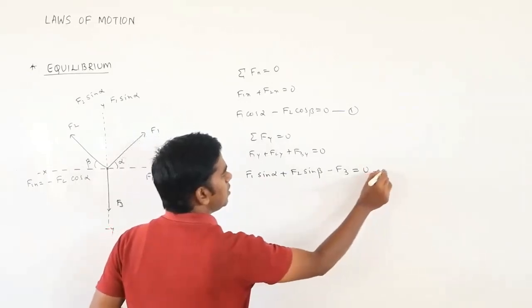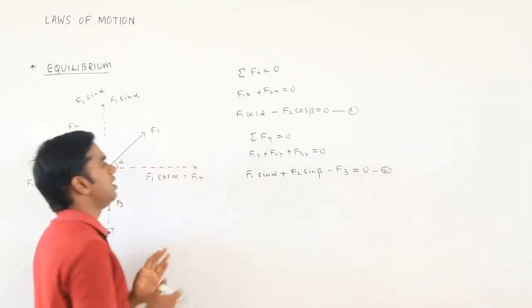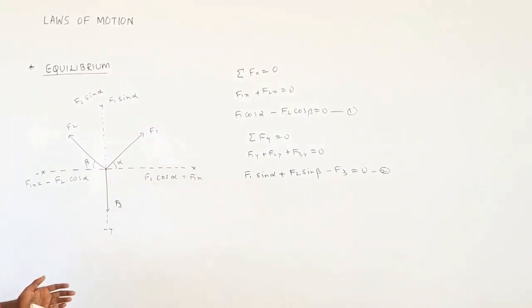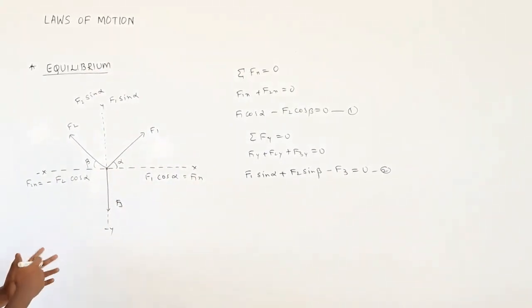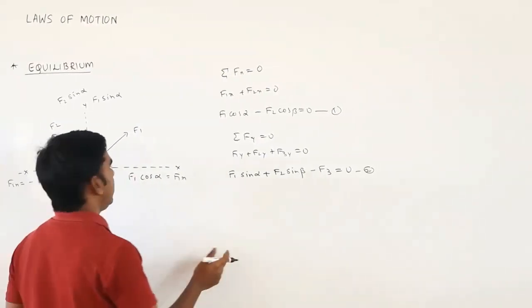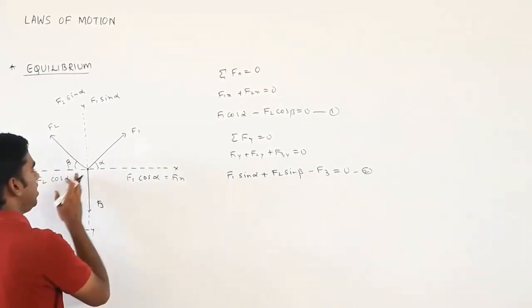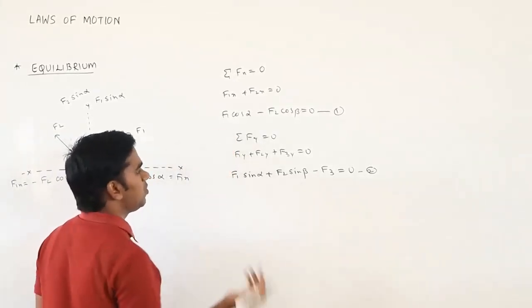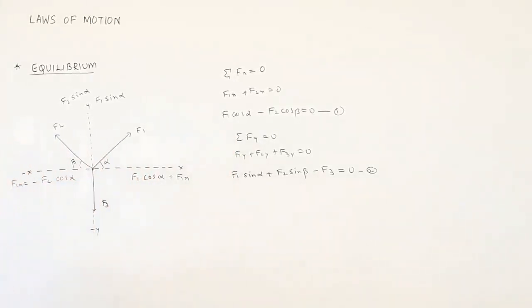So you got two equations. Like this, they may give alpha, beta, or they may ask you to find F1, F2, or they may give F3, F1, F2 and ask you to calculate the angles alpha, beta. They may ask angles or they may ask forces. With the help of these two equations, we can solve and get the unknown quantities.